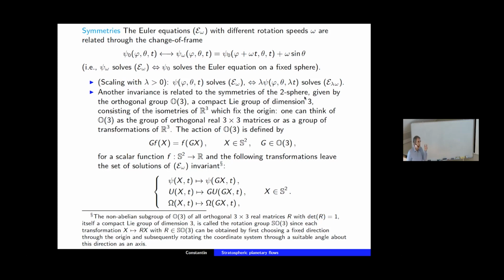It's surprisingly delicate, but if this solves the one on the fixed sphere, this solves the one on the rotating sphere. There is a scaling invariance that works this way, and the group O(3) acts. The action is defined in this way, and the solutions are invariant under rotations.